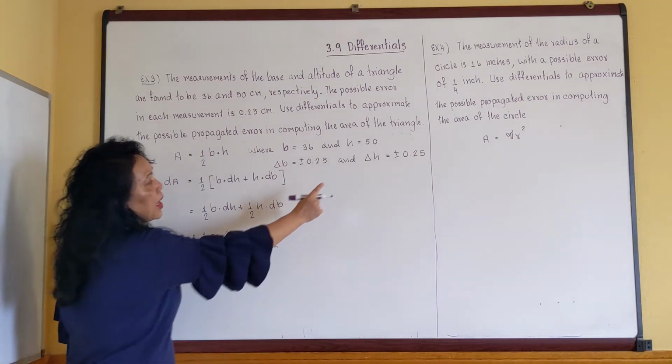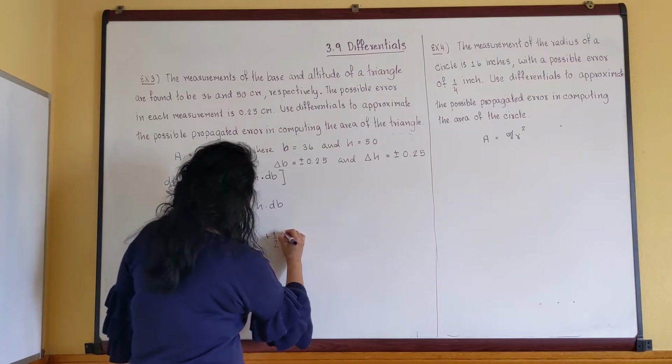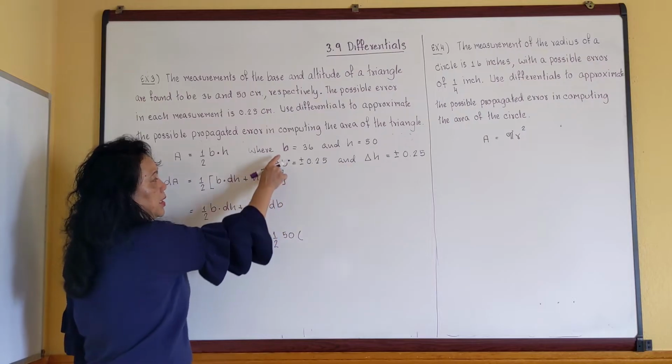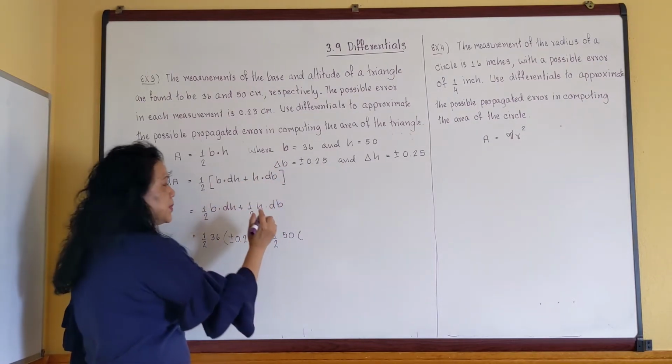My height is 50 times db. db is approximately delta b.